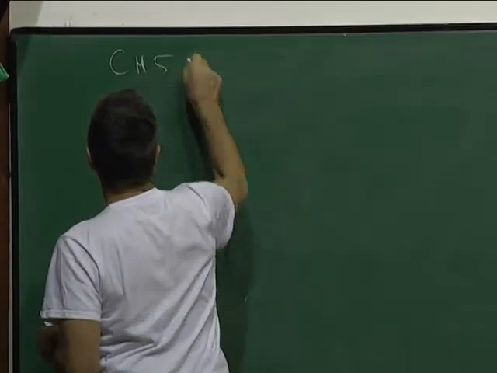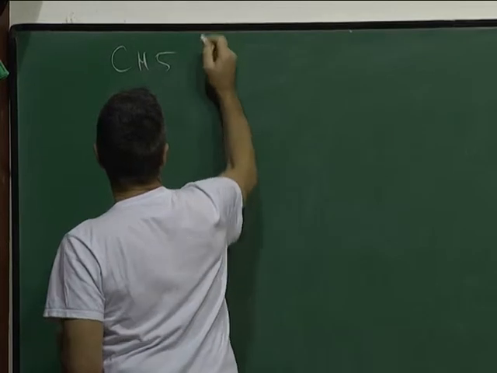So what is the free group? This is chapter 5 in my notes, non-amenable group actions.